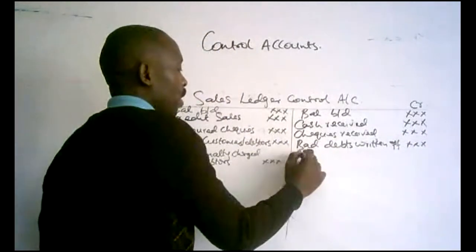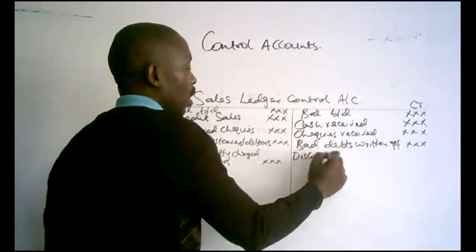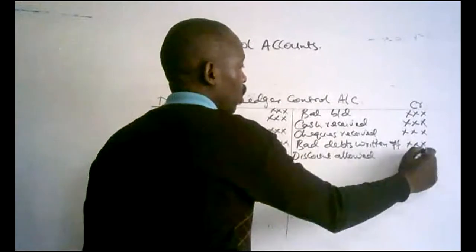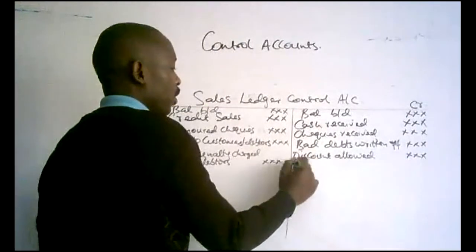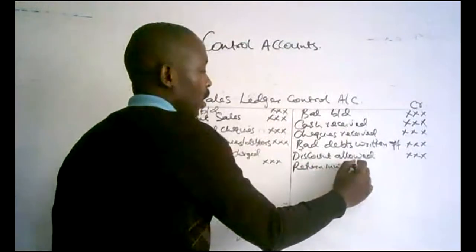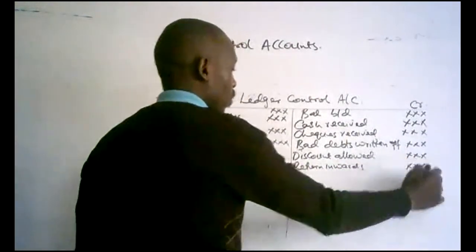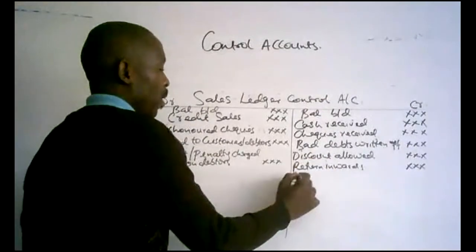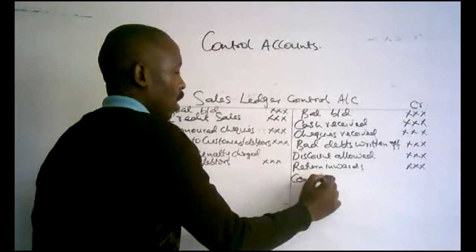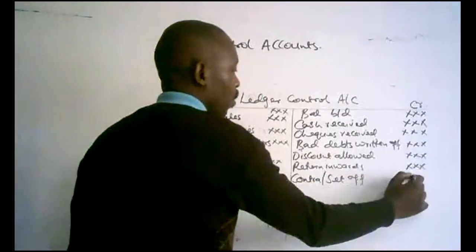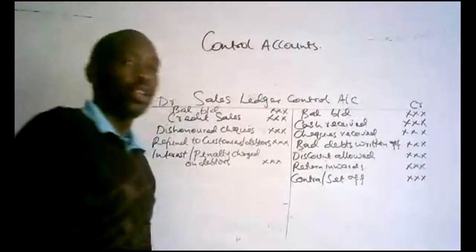You are going to have the discount allowed, which is also going to reduce. We also have returns inwards, which reduce the amount that we are going to receive from the debtors. And then we have what we call the contra, or what we normally also refer to as the set-off. It is also going to reduce.